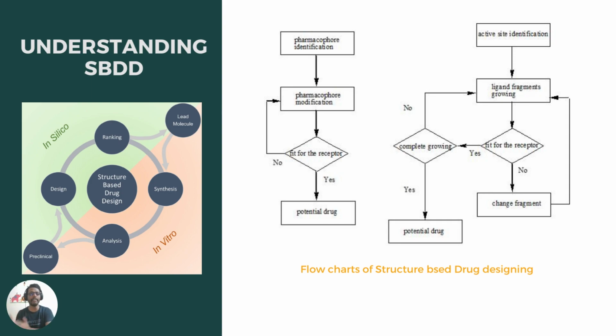That comes under in vitro activity. So before doing in vitro tests, we have to do in silico activities. All this comes under computer aided drug designing. Molecular modeling and computer based drug design come under in silico activities. So structure based drug design is an important bridge which helps both in silico and in vitro activities.